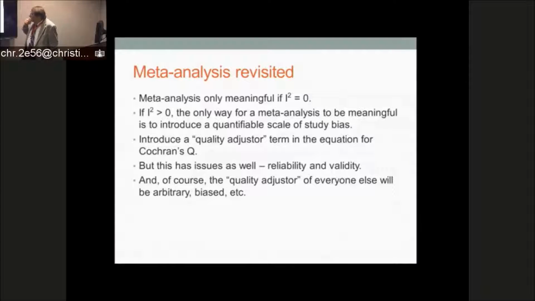If it's greater than 0, however, then the only way you can do a meaningful meta-analysis is to introduce what's called a quality adjuster. Exactly what you were talking about: you need to introduce this term in the equation for Cochran's Q, and that way you get some estimate of the real bias within each study, whether it's large or small.